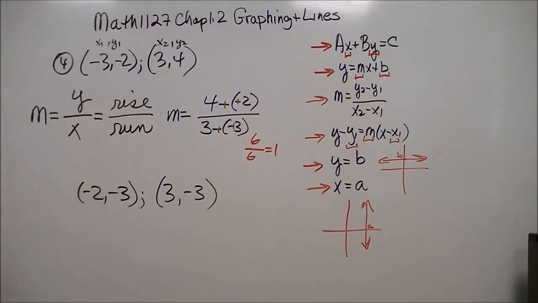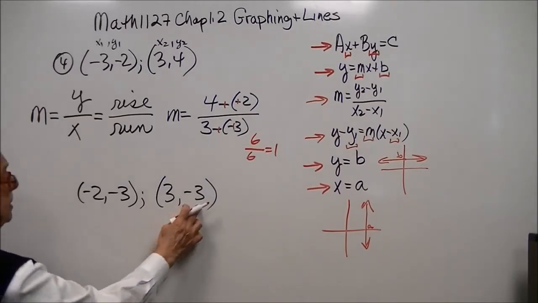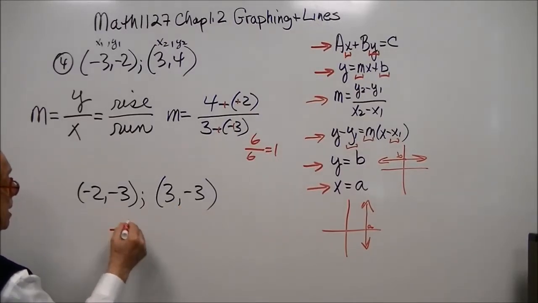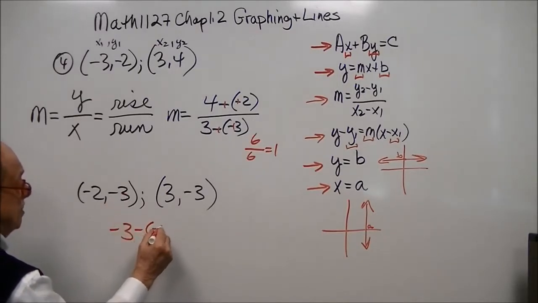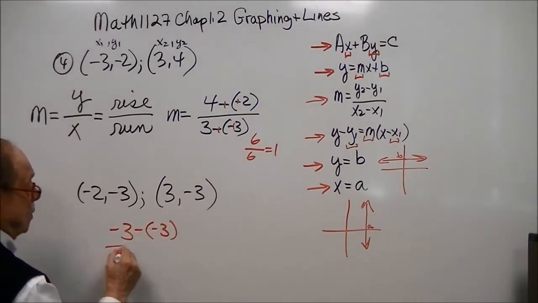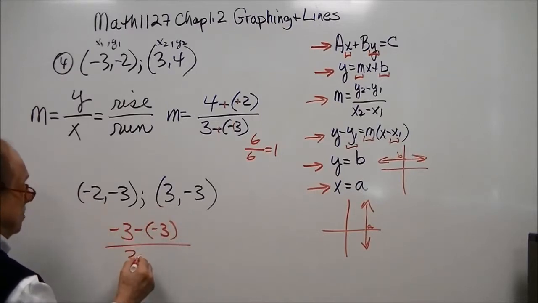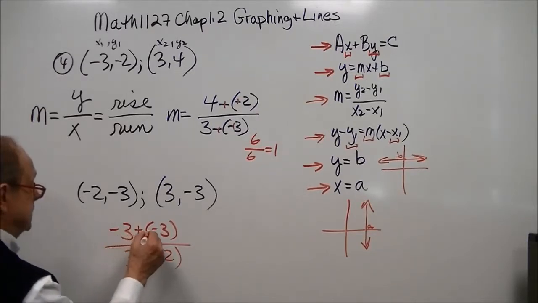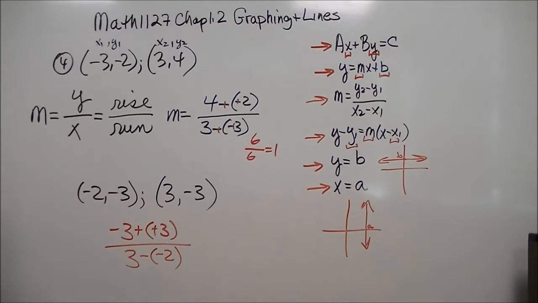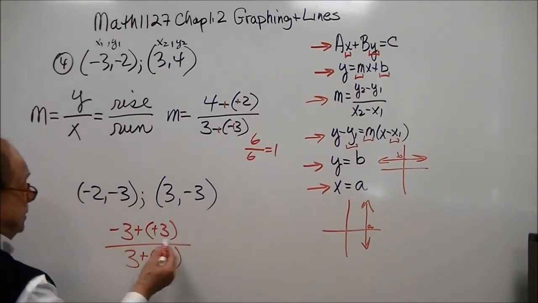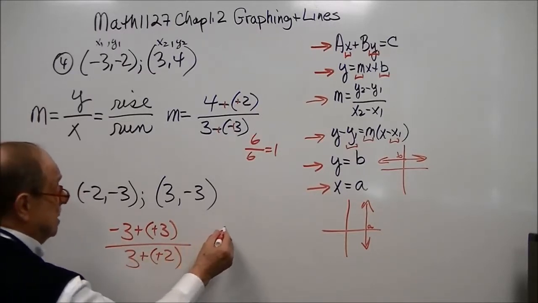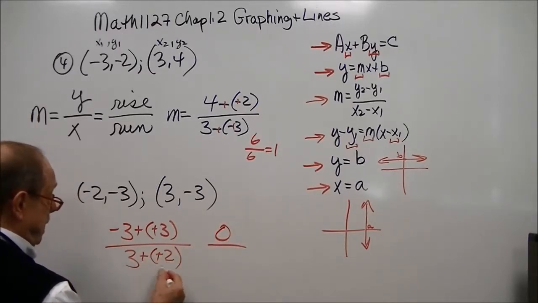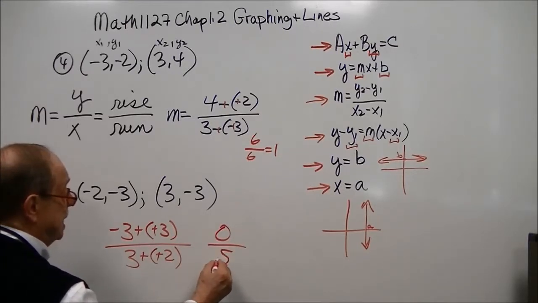We'll leave that there. Now for the next one, this is going to be a -3 minus a -3 over 3 minus a -2. So this becomes a positive, this becomes a positive, and as we do this, you notice our top is going to become a 0, and our bottom becomes a 5.